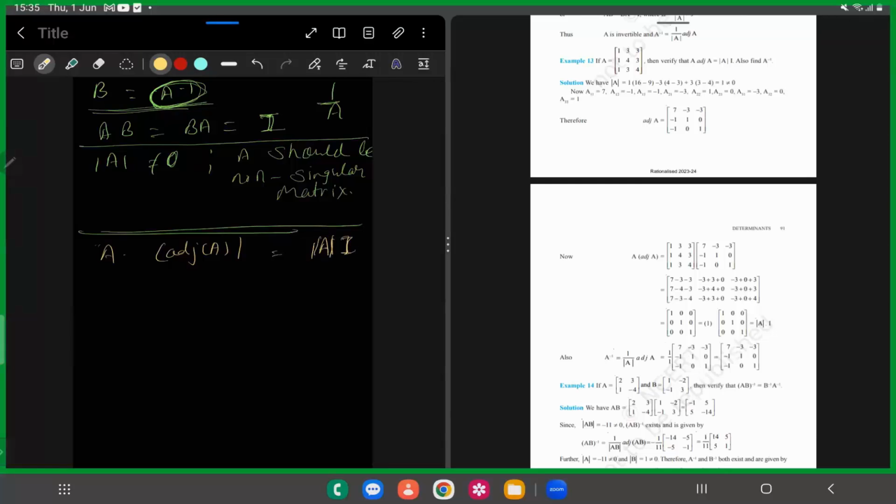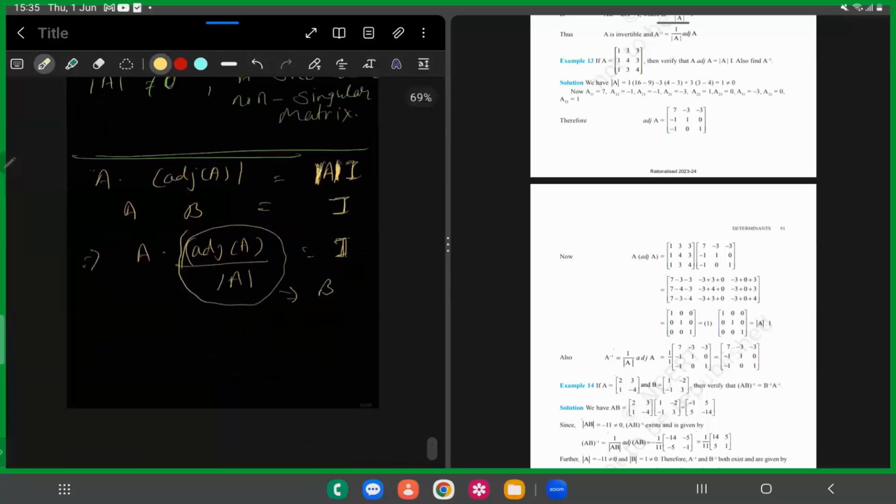Okay, if we compare this with something like A into B is equal to the identity matrix, we see that there is one additional term here, determinant of A. So what if we divide by this determinant of A on both sides? Let's see what we get. So we get A into adjoint of A by determinant of A is equal to I.